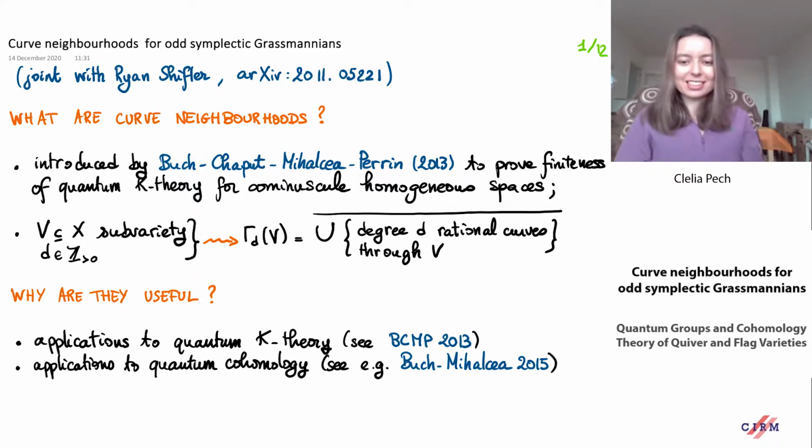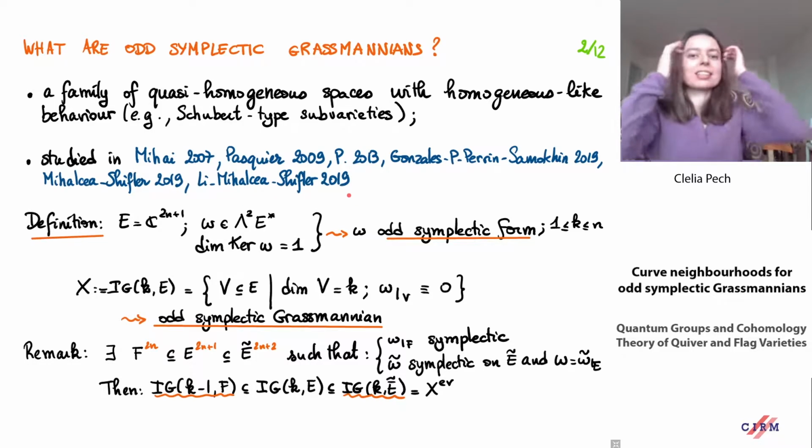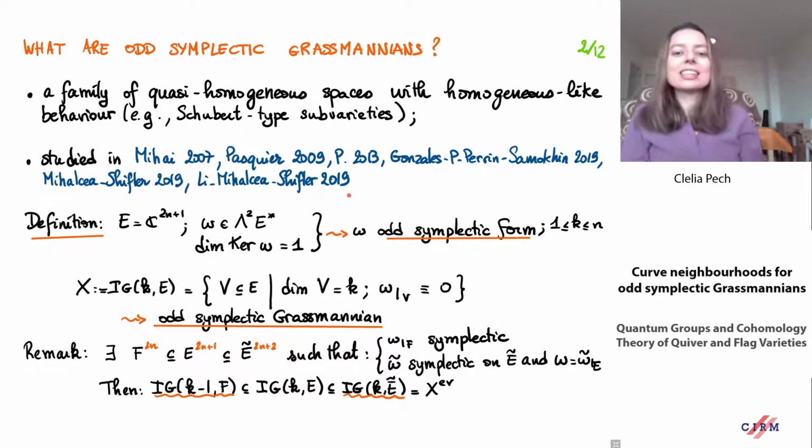Okay, so next, I'd like to explain the second part of the title. What are odd symplectic Grassmannians? It's a slightly strange term, because first of all, what would symplectic Grassmannians be?